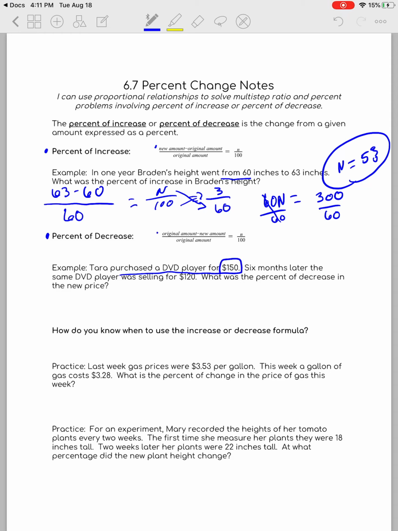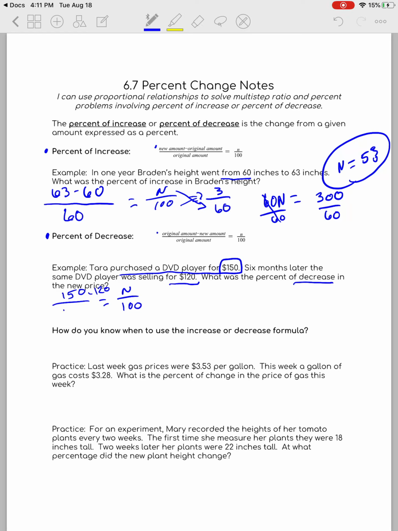She purchased it at $150. 6 months later, it was on sale, or the DVD player was selling for $120. What was the percent of decrease in the new price? So we do the original amount, 150, over top of 120 is equal to n over 100.